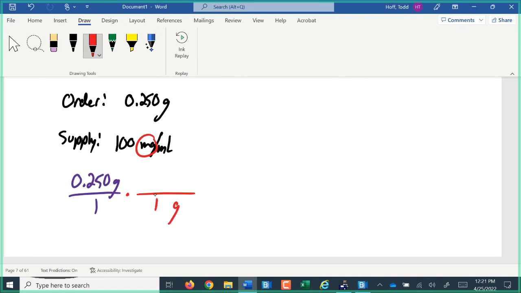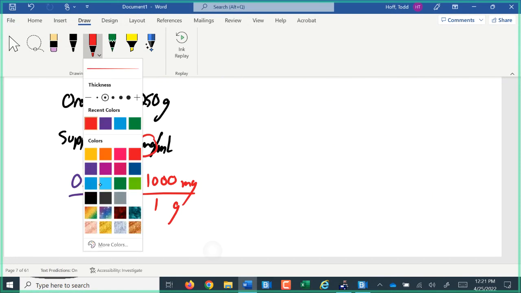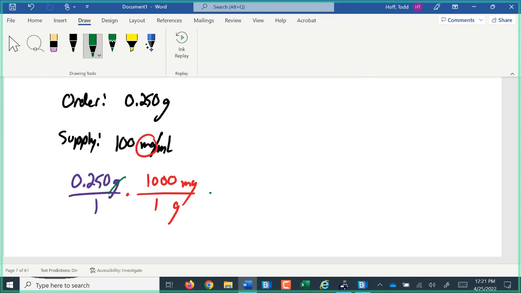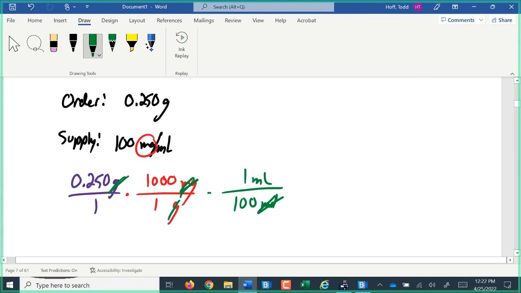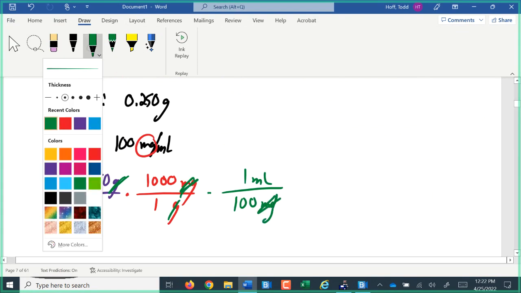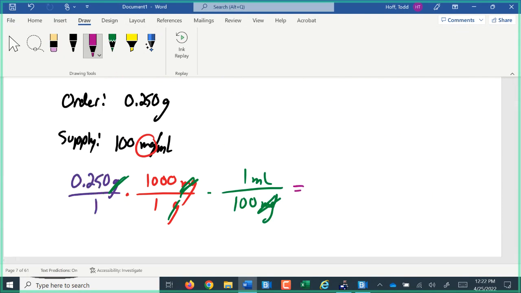So this will be 1 gram is 1,000 milligrams. That cancels out the grams. And then we have 100 milligrams per 1 milliliter. So the milligrams cancel out. So on top, we've got 0.25 times 1,000 times 1 milliliter. That is 250 milliliters.